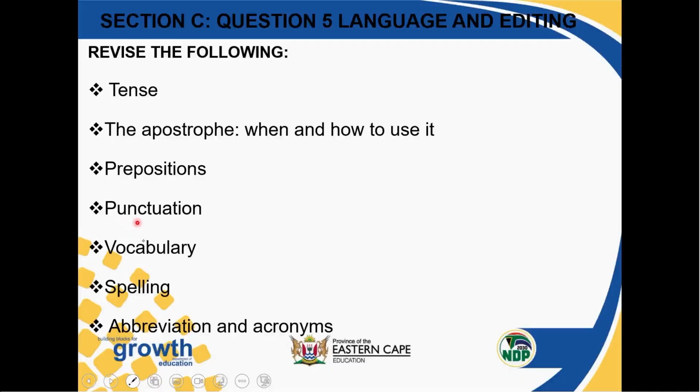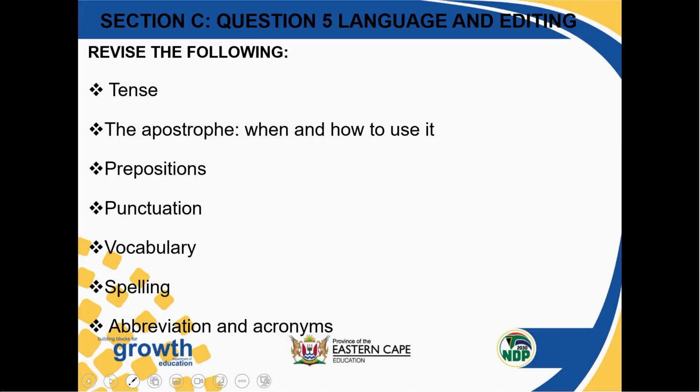And also you need to take note of the punctuation. Punctuation will also be required maybe to correct. So you should expect these on the question which seeks you to correct a single error, where you find there's an apostrophe error and then you need to correct the apostrophe. So you can't go to your paper one without knowing these. So make sure that you revise and you study them.